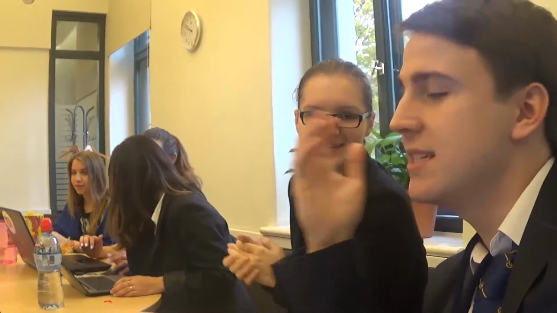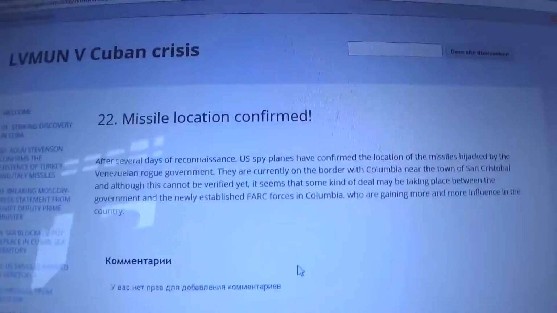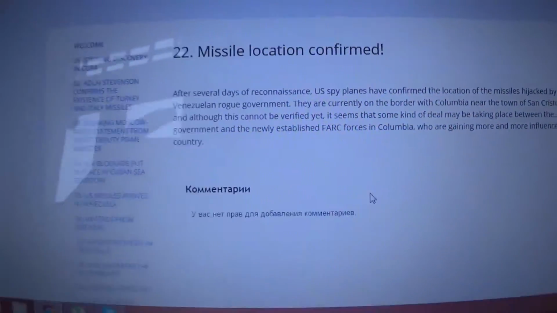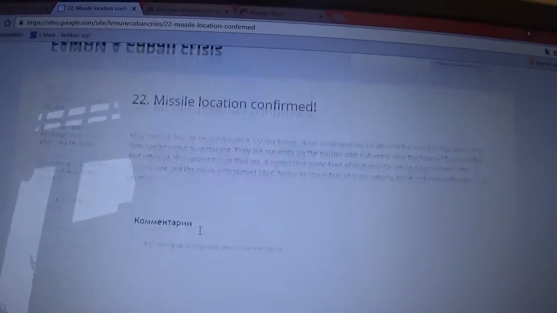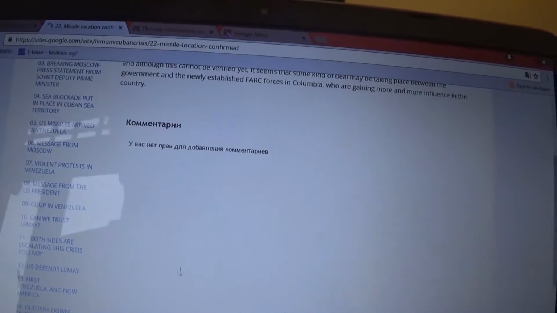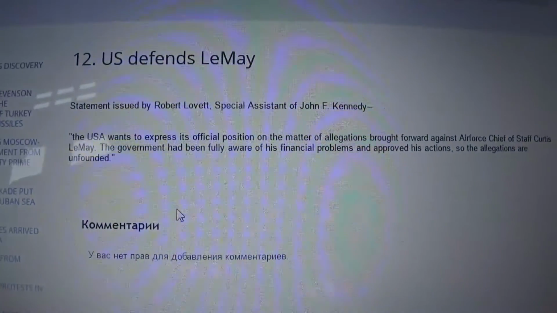Oh, okay. Let's start. At least we know where missiles are. We have information about it. It's like our homepage where we have all news. Like, for example, all things what is happening around the world we can find in this homepage and so on.